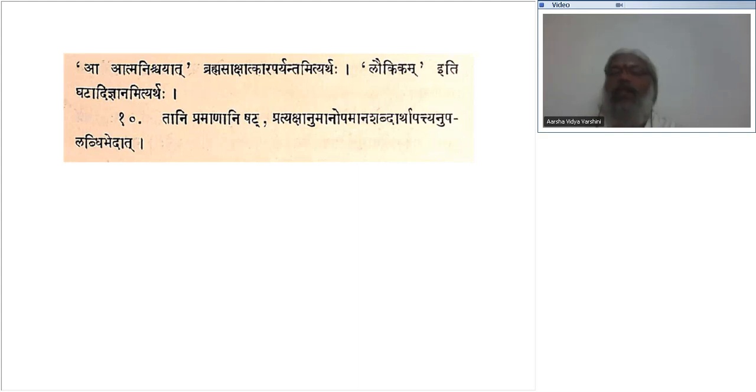Then, wherever there is no fire, there is no smoke, like anywhere else, normal ground or on a lake. So wherever there is fire, there is smoke is called Anvaya, and wherever there is no fire, there is no smoke is called Vyatireka.